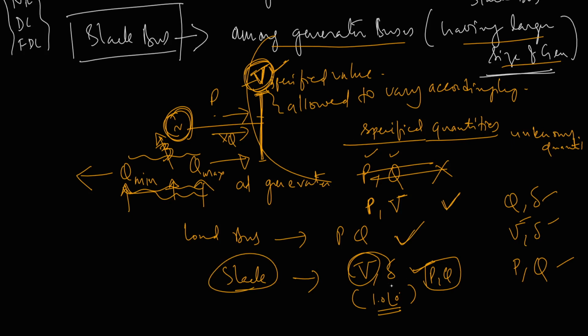Can you think? Why not P and Q? Why only V and delta?